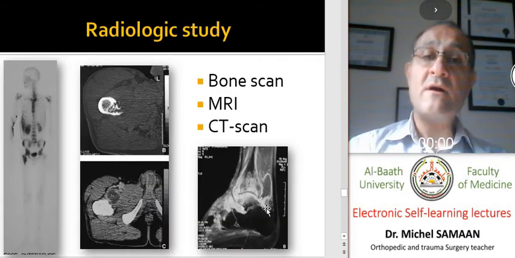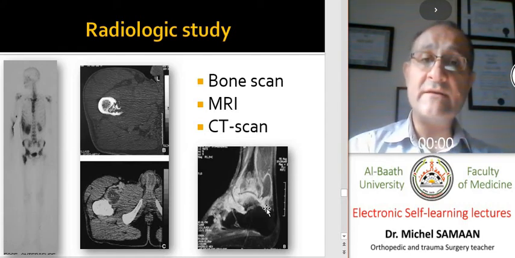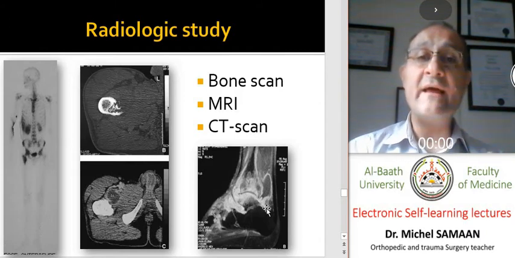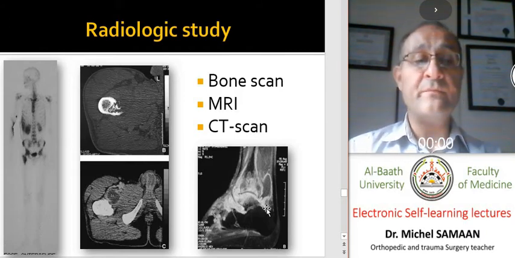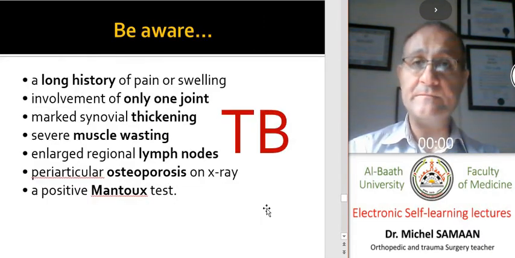Bone scan, MRI, and CT scan are useful in studying this case, to reach a differential diagnosis, to plan the operation, and to determine how we can approach this situation surgically.